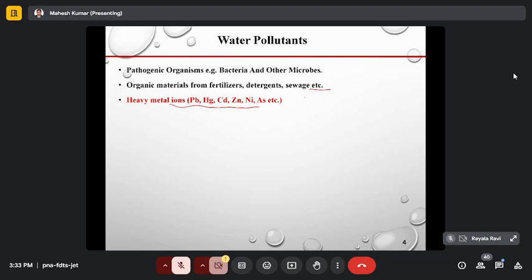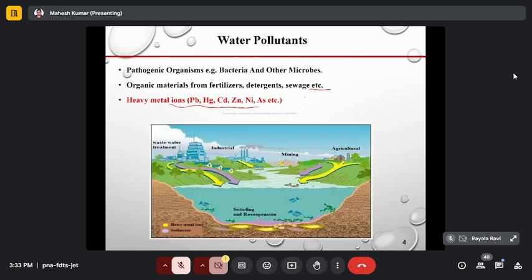These are highly toxic, but a few ions, for example zinc and silver, are essential for our body in certain quantities. We use these heavy metals for different applications.